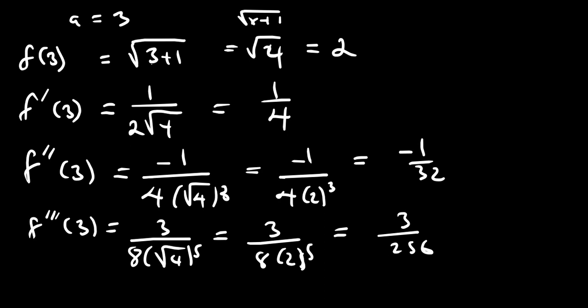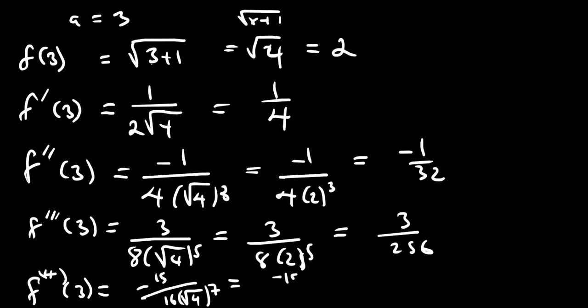Then I do the same for the fourth one, the fourth derivative at 3, which will be negative 15 divided by 16 times root 4 to the power 7, and this is negative 15 over 16 times 2 to the power 7, which is equal to negative 15 over 2048. So I get these values after I do that. Now I'll keep these values, they'll be of very great use going forth.